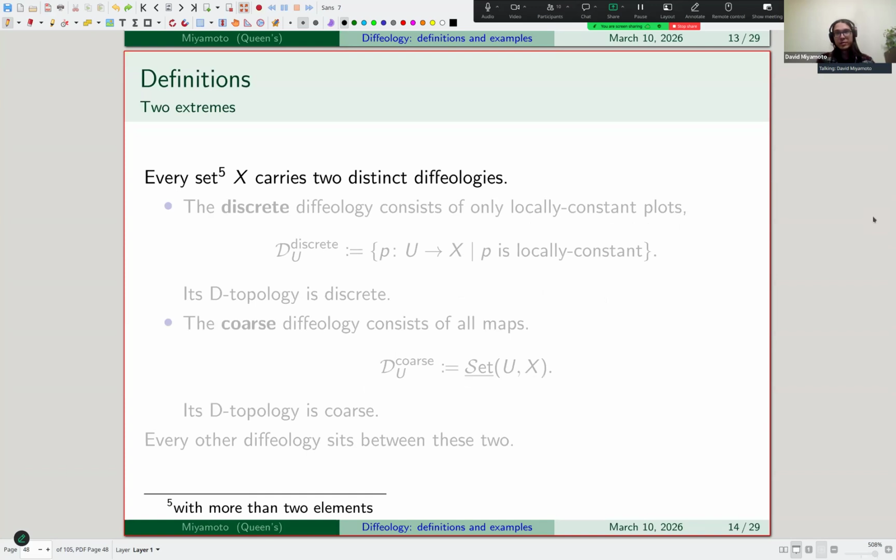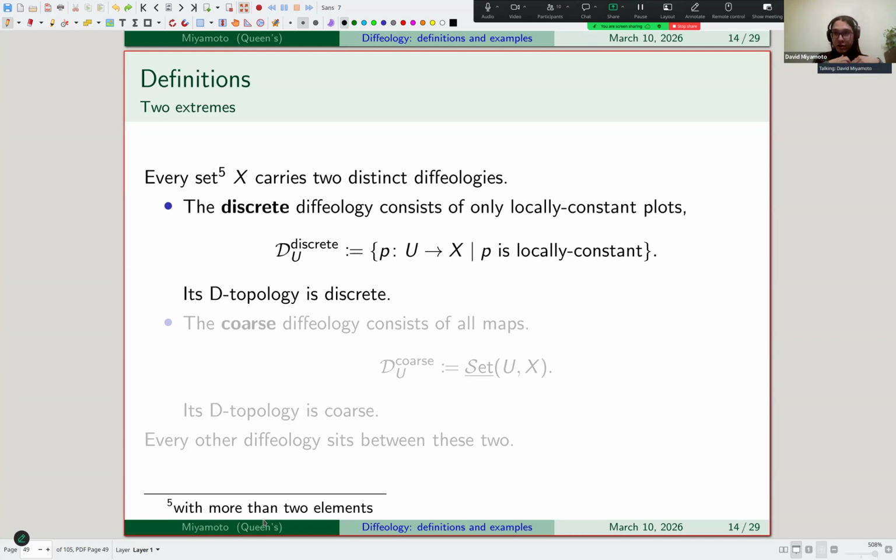And so there are going to be two extremes that help ground us a little bit in diffeology. Every set, let's say with more than two elements, has two distinct diffeologies. The first one is that for each U, I can consider only locally constant maps to be smooth. One can check that this satisfies the three conditions, and therefore I have a diffeology, and the only smooth maps from Euclidean spaces will be, essentially, locally constant.